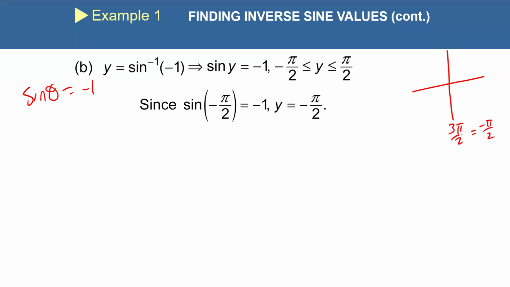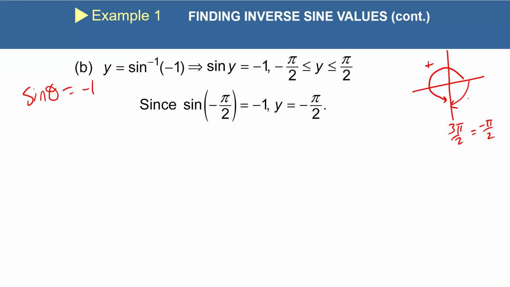We agree? So the answer would be negative pi over 2. Yep, because you went clockwise instead of counterclockwise. If we were going counterclockwise, this would be 3 pi over 2, right? And when you're going clockwise, this makes it negative pi over 2.